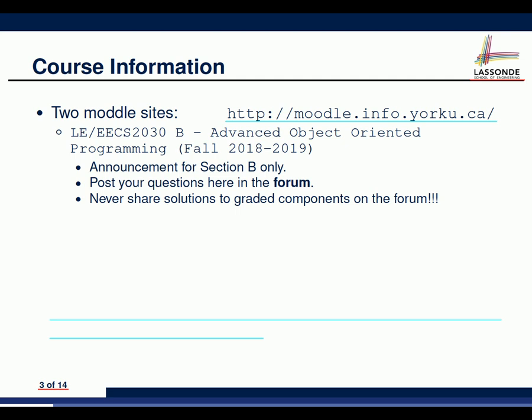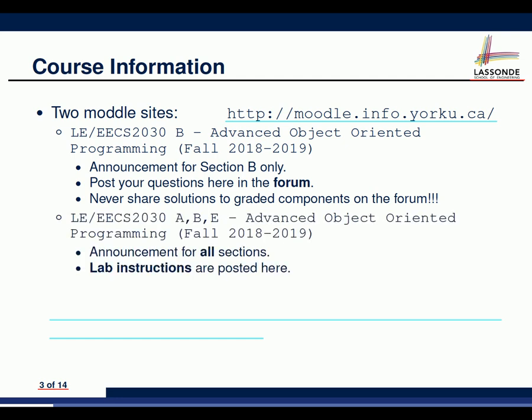Please never share solutions for the labs or any other graded work on the forum. That's the only rule. Otherwise, you can ask anything related to the course. The other Moodle site, as you can see from the title, is a merged Moodle site for sections A, B, and E. This site is mainly for you to look for lab instructions.